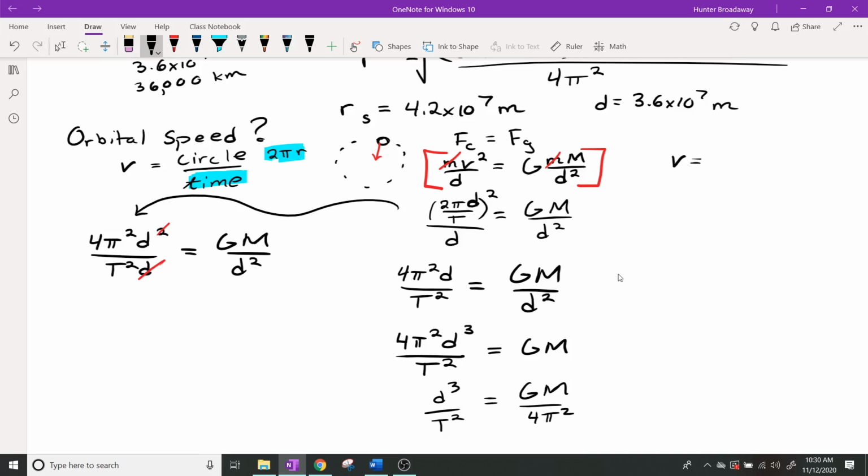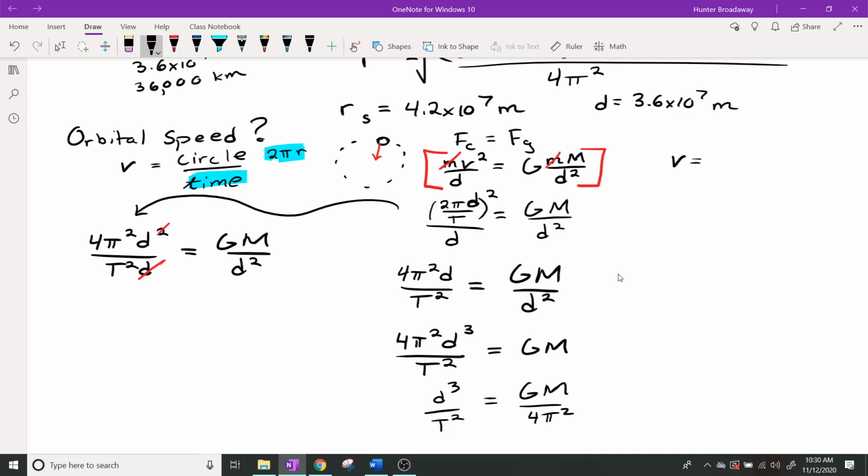So yeah, the radius of the Earth is 6.37 times 10 to the sixth meters. So it's 2 pi times, but don't use the radius of the Earth. Use the d that we found, the radius of the satellite, which is 4.2 times 10 to the seventh meters. 2,617. It's a little slow. Check and make sure.